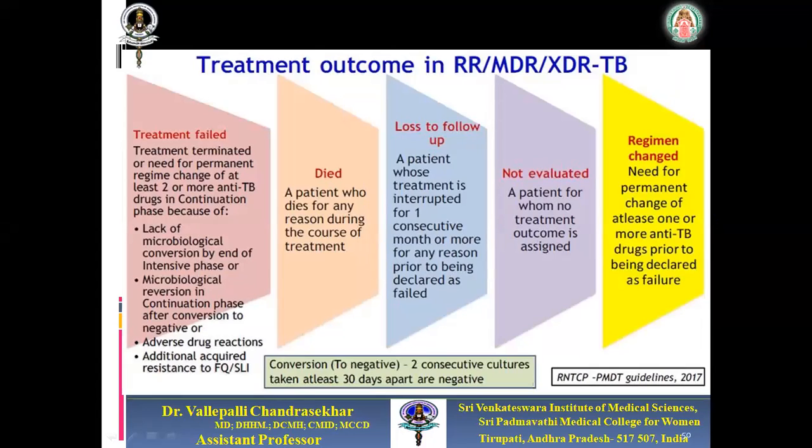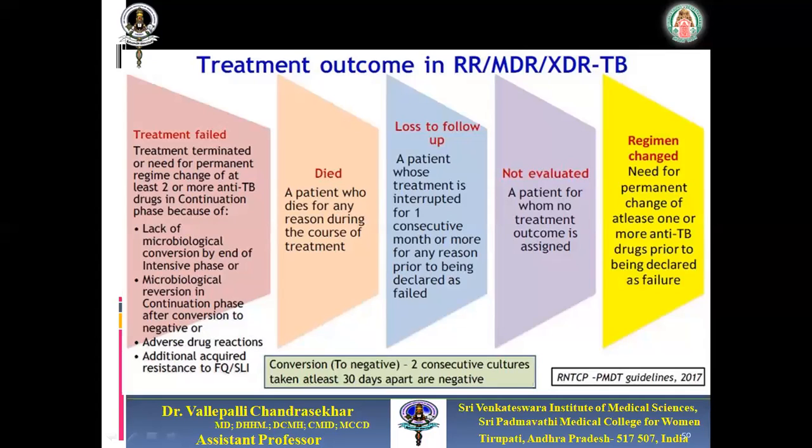So again, in addition to the previous slides, treatment may have failed. That is, treatment terminated or need for permanent regimen change of at least 2 or more anti-TB drugs in the continuation phase due to a lot of conditions, like microbiological conversion at the end of intensive phase or adverse drug reactions, a lot of things. Then another condition may be death.